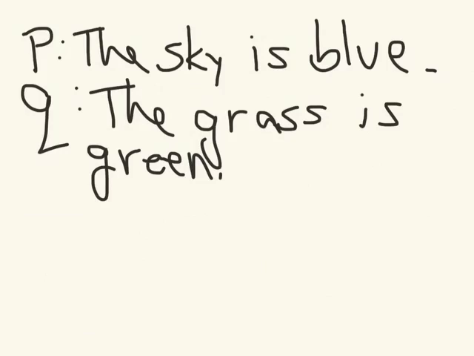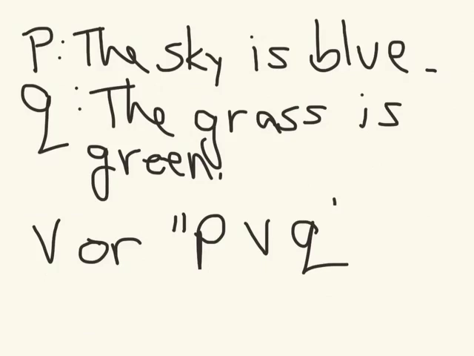So we have some symbols which are really important and you'll get used to seeing very quickly, I promise you. This thing that looks like a V means or. We use that as P or Q. That combines two simple statements into a compound one.